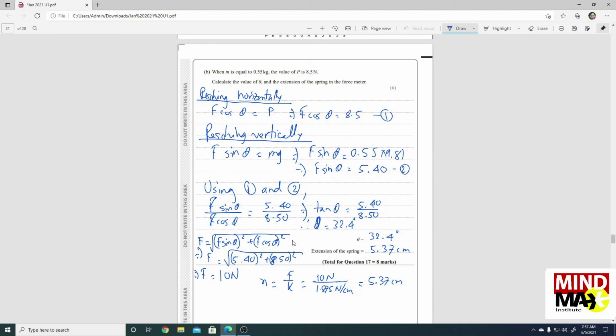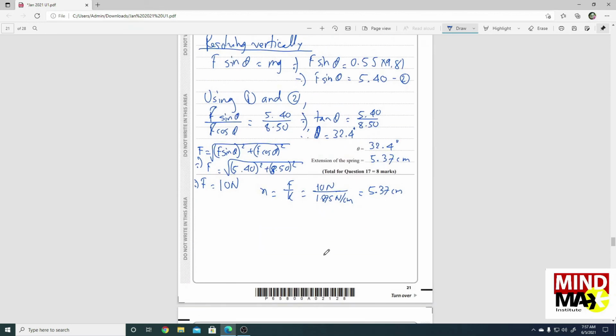Because if I take F squared common in these two things, we get sin squared theta plus cos squared theta. And we know from pure mathematics that sin squared theta plus cos squared theta is basically 1. That is why we get F squared, right? So this internal thing is actually giving me F squared, and if I put a square root over it, I get F. So that is why I put this formula into use.